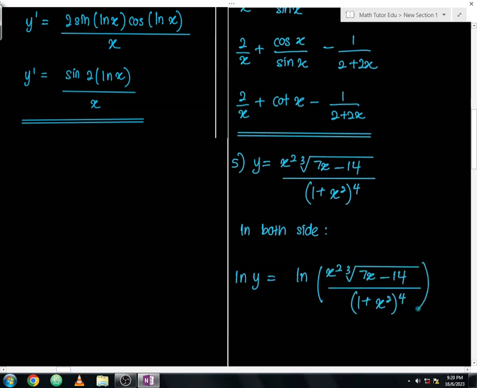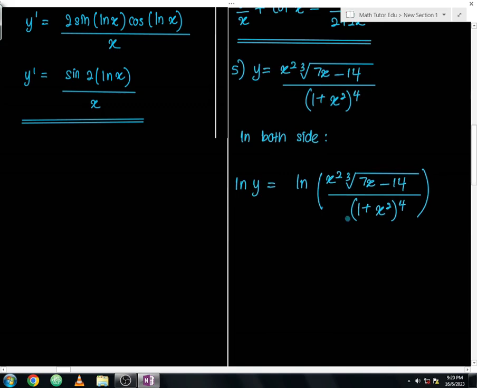For the next step, I'm going to break down this complex natural logarithm into addition and subtraction of natural logarithms. So ln y will be ln x squared plus ln of 7x minus 14 to the power of 1 over 3. Originally it was a cube root, and you can also write it in this form, 7x minus 14 to the power of 1 over 3, guys. Just for your information, in case you forget.